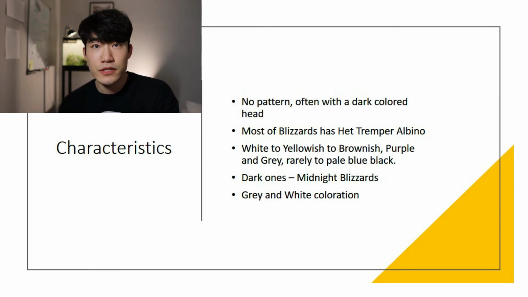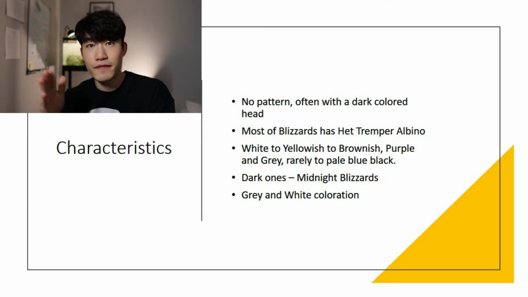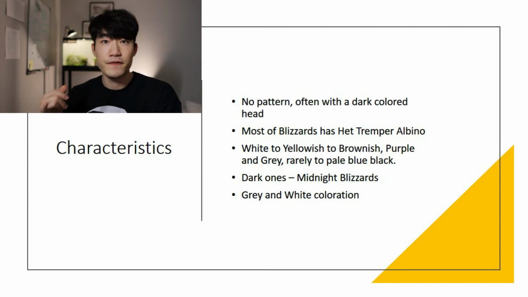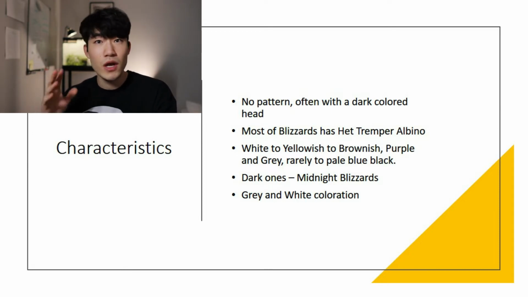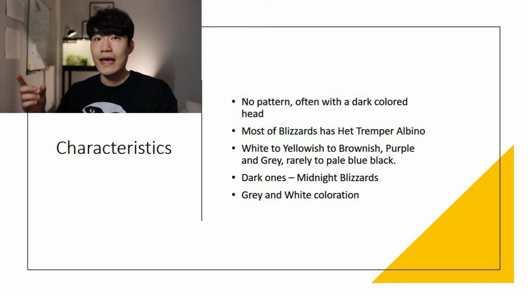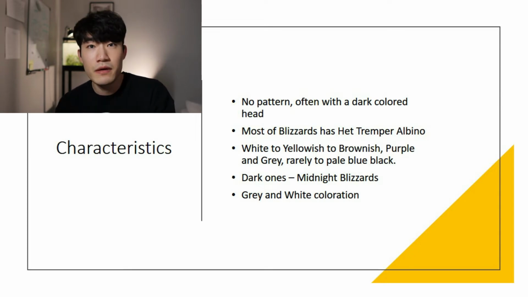So when you see Blizzard, make sure you look into whether there's any albino in there, whether it's a Bell, Tremper, or the Rainwater, but mostly it will be Tremper albino, because Tremper albino is one of the most common albinos and one of the morphs that has the most combinations with a lot of morphs. So it will be good information for you guys to keep in mind when you are working with this.